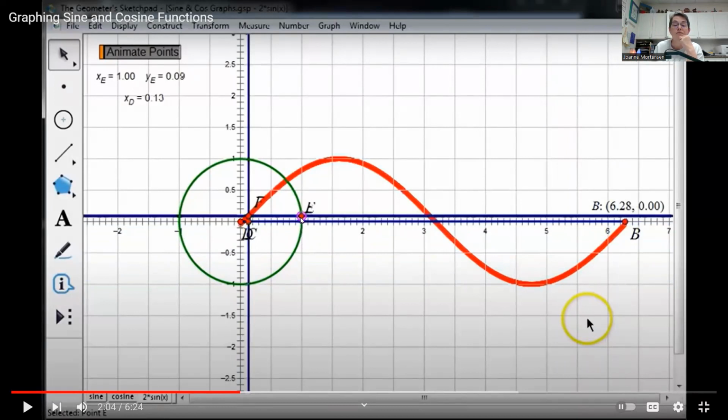You can see as this went around, this value kept going up. Once it got to the top, it started to go down, which is this part. It went down until it got there, which is corresponding there, and came back up. I think that's really cool how we can translate going around a circle into a cool curve.